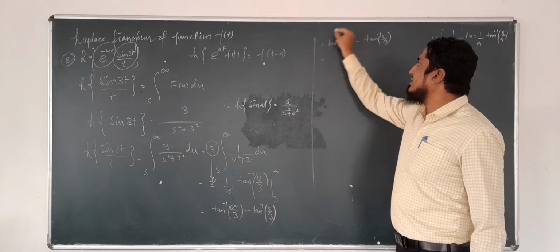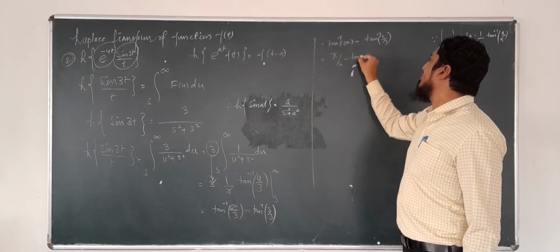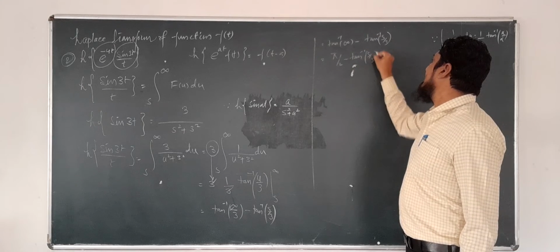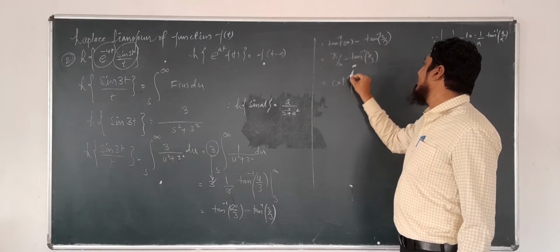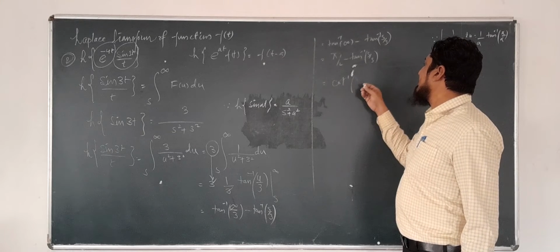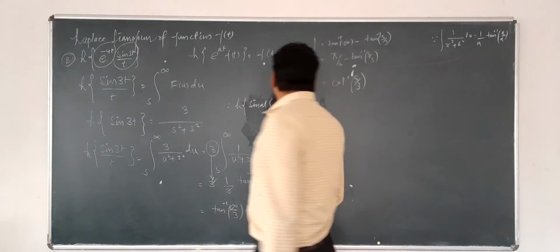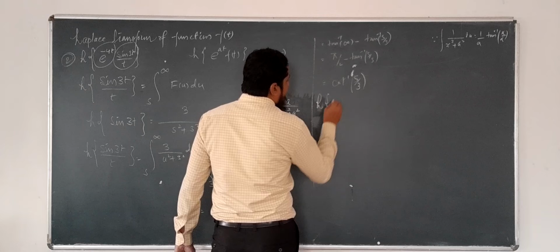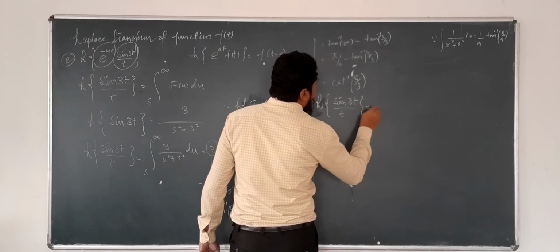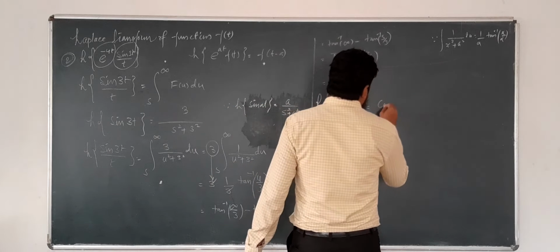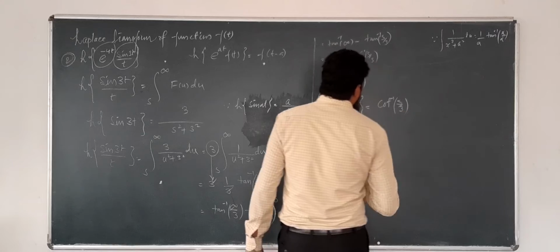So tan inverse of infinity becomes pi by 2, and pi by 2 minus tan inverse of s by 3 we will get cot inverse of s by 3. Correct? This is the Laplace transform of sin 3t upon t, and the result is cot inverse of s by 3.